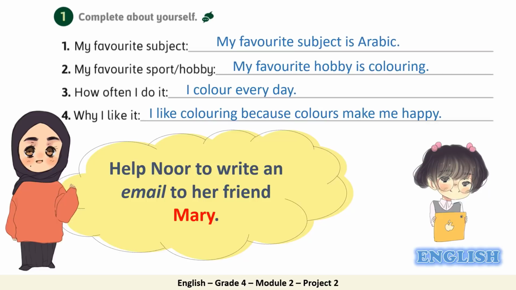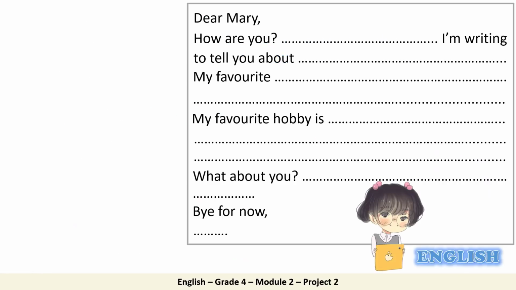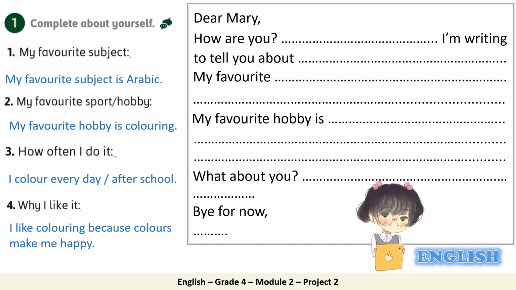And we will refer to the activity that we helped her with yesterday, which is activity 1 in the workbook. Now this is the email from activity 2 from the workbook. We need to help Noor complete the email after referring to activity 1, and we already helped her with activity 1 in the previous lesson.